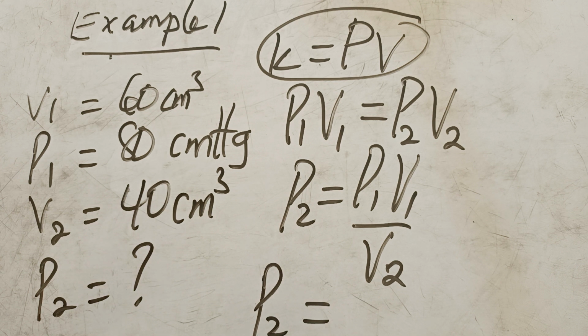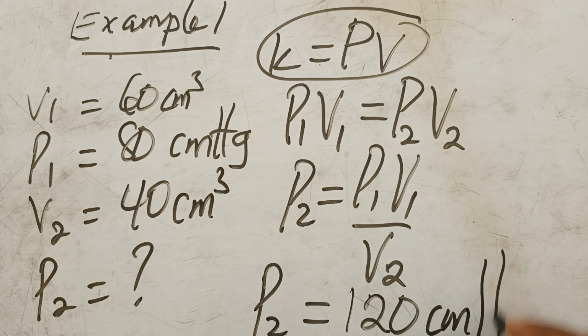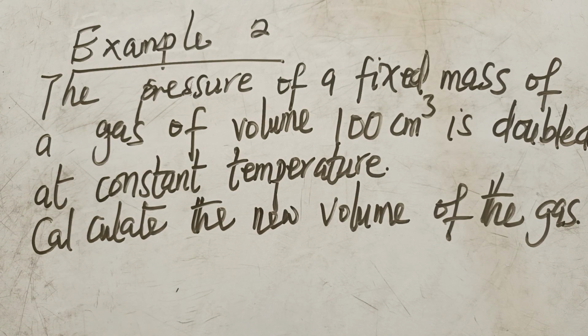If you do it right, then your pressure of the gas should be equal to 120 centimeters of mercury. So solve it and confirm that for me. That is example 1.